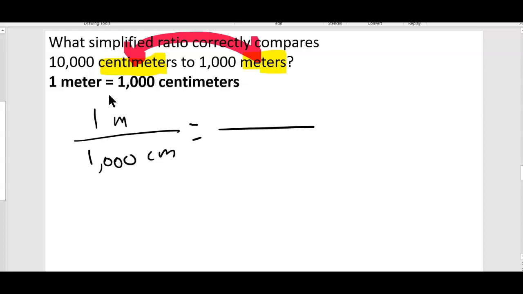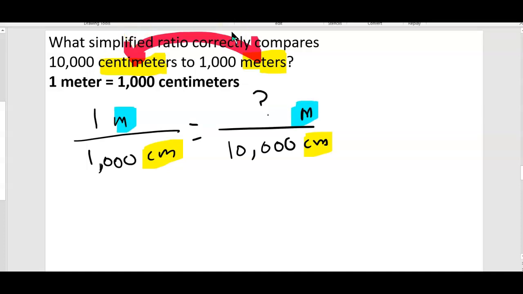So we don't have 1,000 centimeters. We have 10,000 centimeters. Again, notice that's a line. Centimeters on bottom. That means we're going to have to put meters on top here. And that's what we're trying to find. How many meters would that be? So what do you do with 1,000 to get to 10,000?